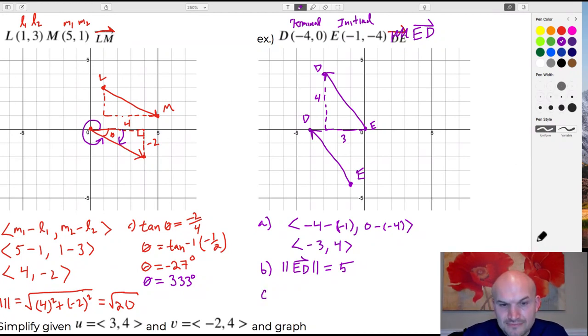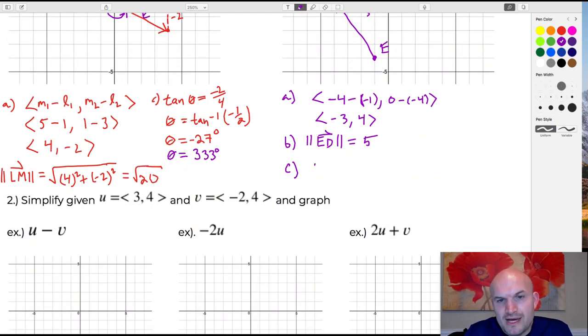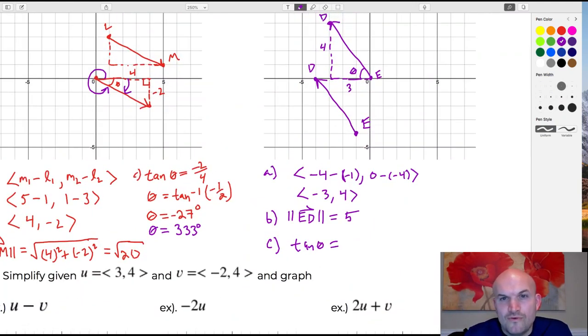And then part C, which would be finding the angle. I have enough information to figure out this angle, right? So to do that, I would do the tangent of theta is equal to 4 over -3.